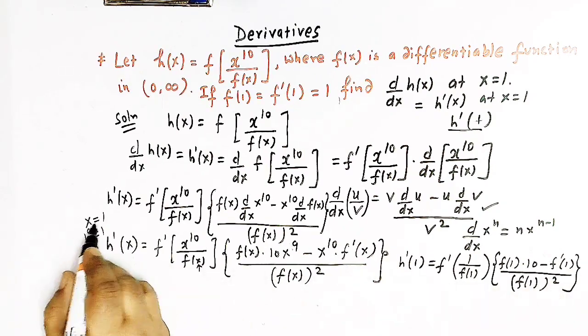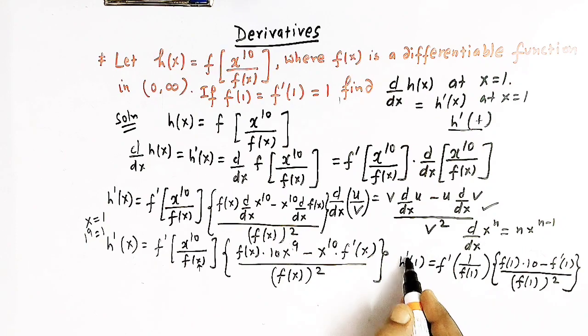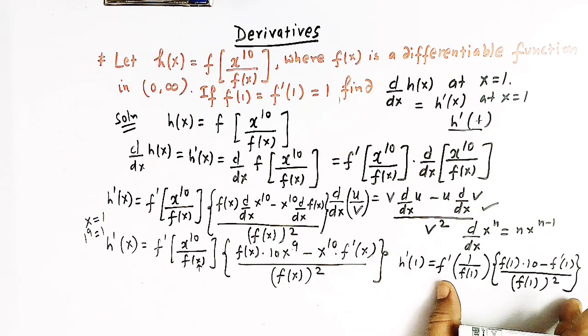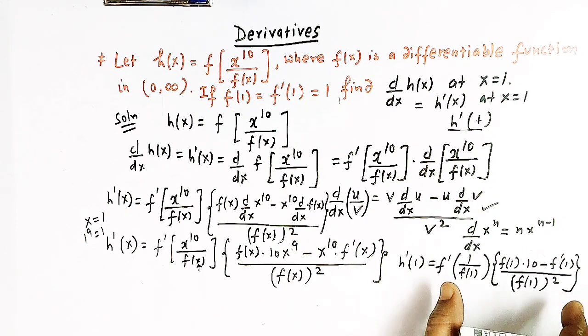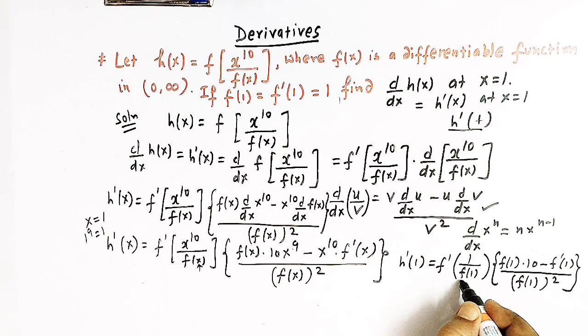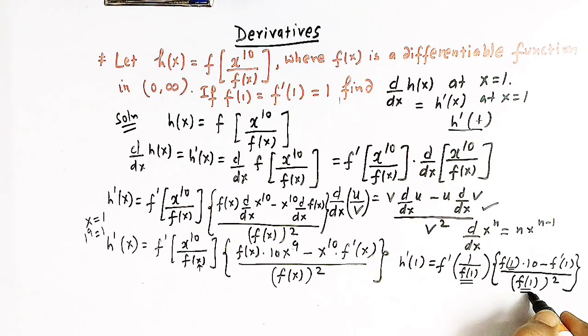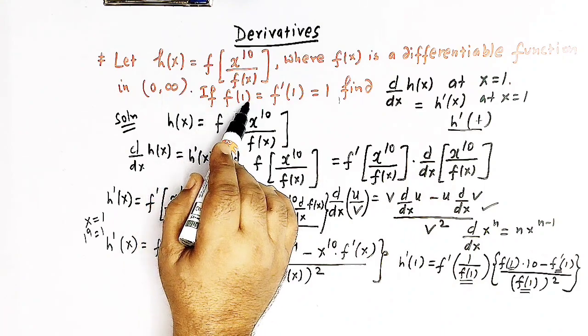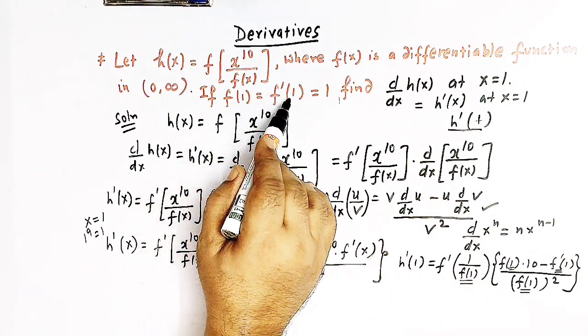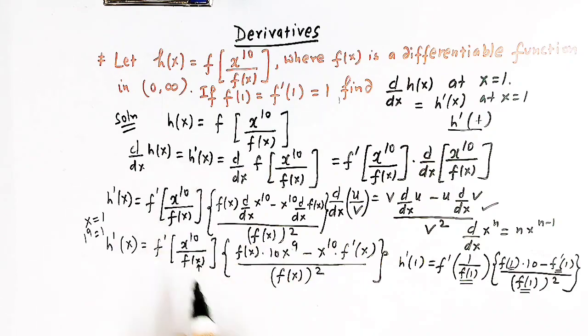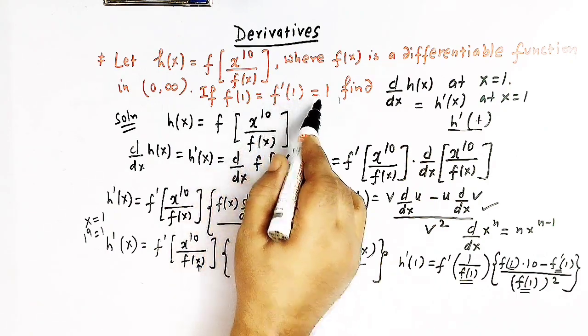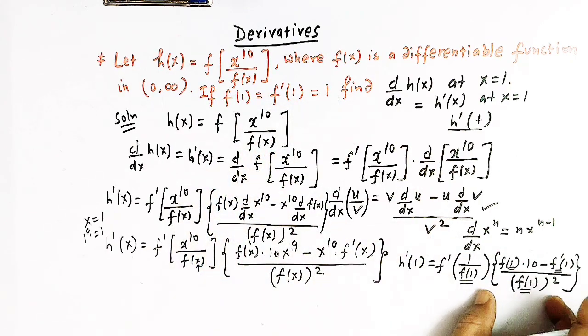So taking x is equal to 1, h prime of 1 is now equal to this expression, and here we can easily see that we have f of 1, and f prime of 1, and f of 1 is equal to f prime of 1, and both these are equal to 1. So let us replace f of 1 by 1 and f prime of 1 by 1 in this expression.